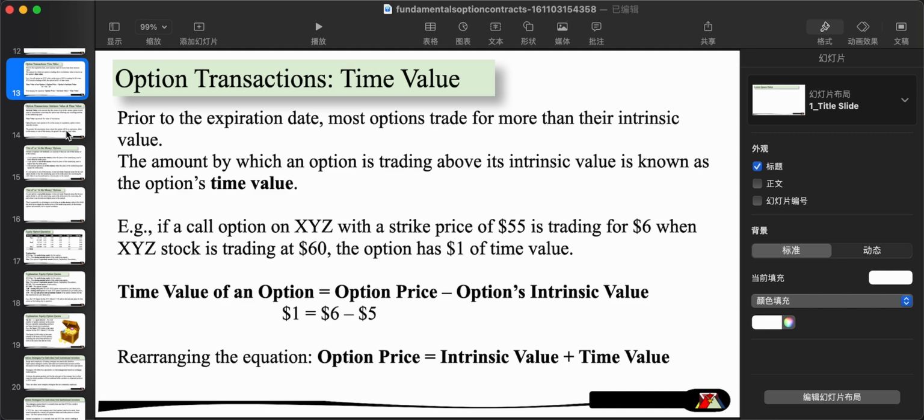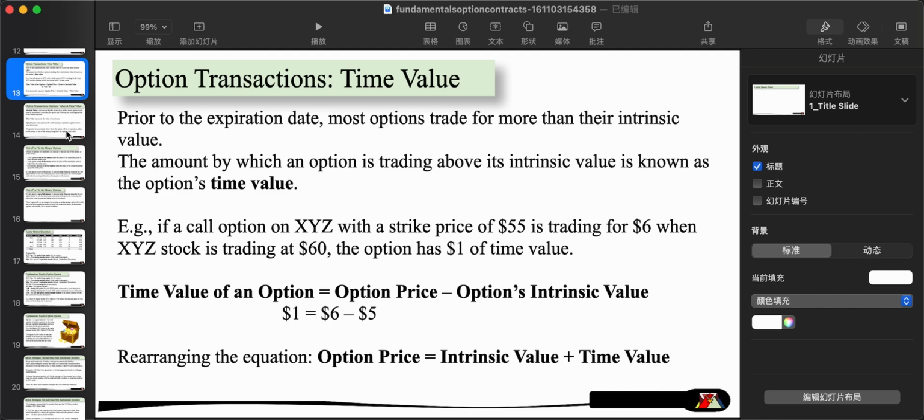So prior to the expiration date, most options trade for more than their intrinsic value. The amount by which an option is trading above its intrinsic value is known as the option's time value. For example, if a call option on XYZ with a strike price of $55 is trading for $6 when XYZ stock is trading at $60, the option has $1 of time value.